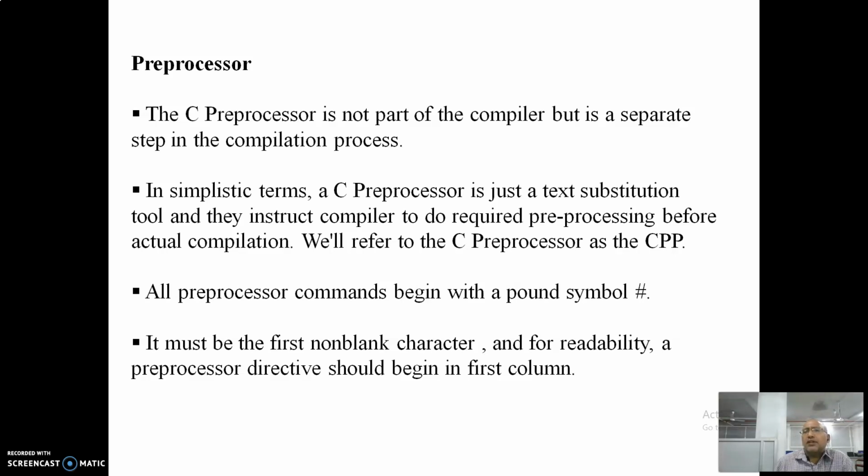We'll refer to the C preprocessor as the CPP. All preprocessor commands begin with a pound symbol, that is the hash. It must be the first non-blank character, and for readability, a preprocessor directive should begin in the first column.